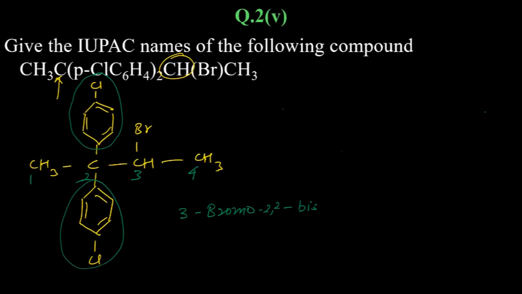Because if I write it as 4-chlorophenyl, this is a number within the bracket, it already has a number. So I should be using bis, I should not be using di. That is the rule, if you recall. In parentheses, if you already have a number, outside the parentheses you should not use di, tri. You should use bis, tris, tetrakis, etc. And then there are 4 carbons, butane.